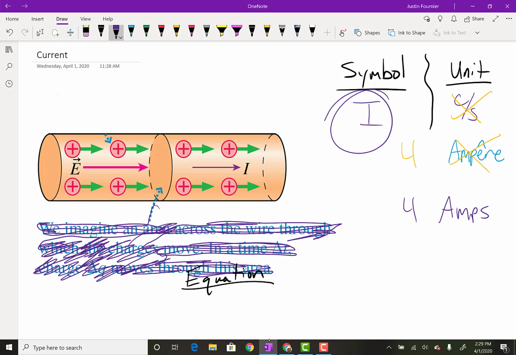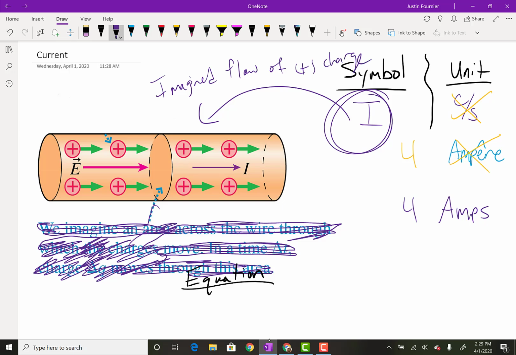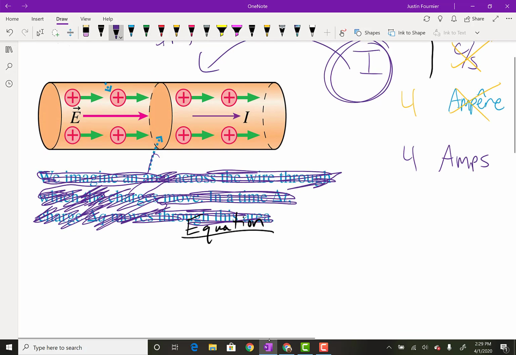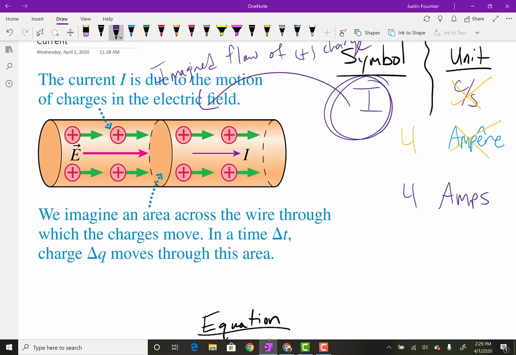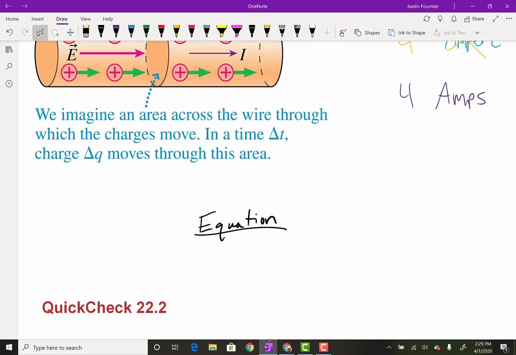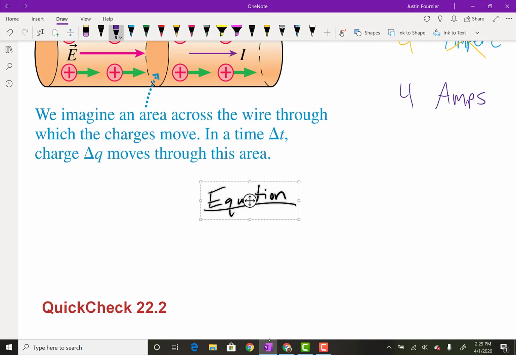So current, again, the symbol is capital I. It's the imagined flow of positive charge, even though it's actually the electrons that move. Sorry. And then the equation we use, pretty simple equation.